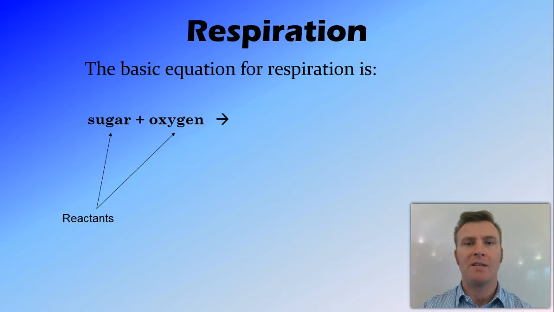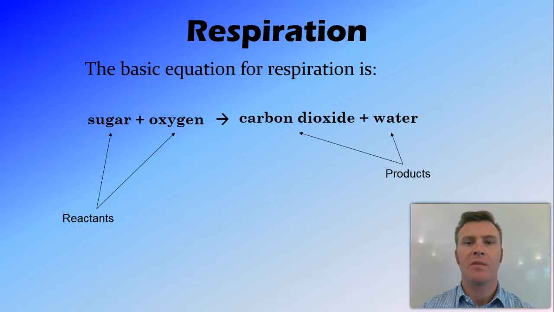Now these react to form carbon dioxide, which we breathe out, as well as some water. Now the amount of water that's produced isn't very much, which is why we need to drink water, otherwise we'll die. So some water is produced, but it's not our main source of water in the body.